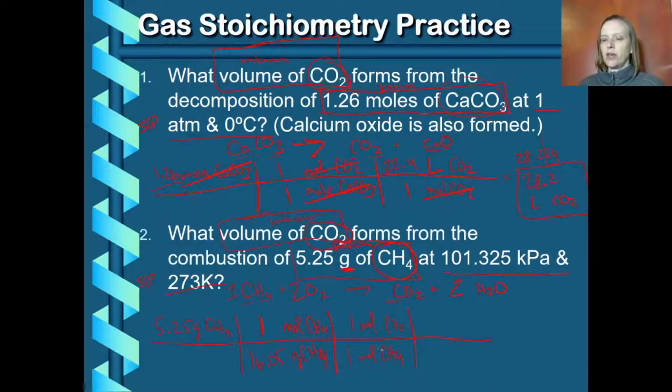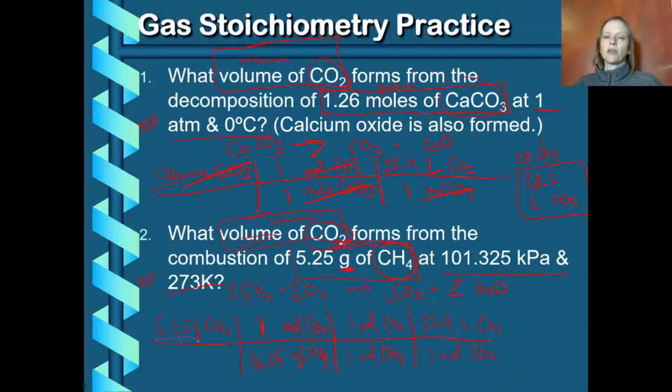And then I convert from 1 mole of carbon dioxide to my final volume, which is measured in liters. I have 22.4 liters of carbon dioxide for every 1 mole because I am at STP, standard temperature and pressure.